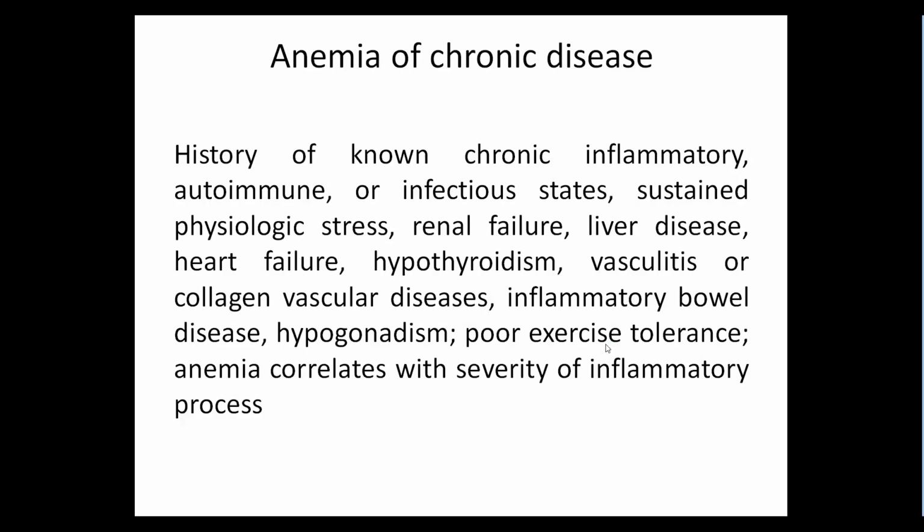Anemia of chronic disease: usually a history of known chronic inflammatory, autoimmune or infectious states, sustained physiological stress, renal failure, liver disease, heart failure, hypothyroidism, vasculitis or collagen vascular disease, inflammatory bowel disease, hypogonadism, poor exercise tolerance.